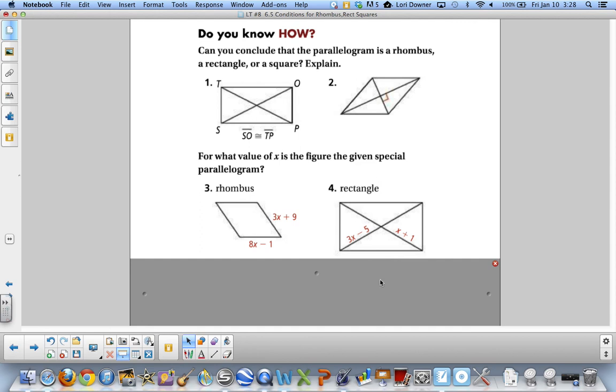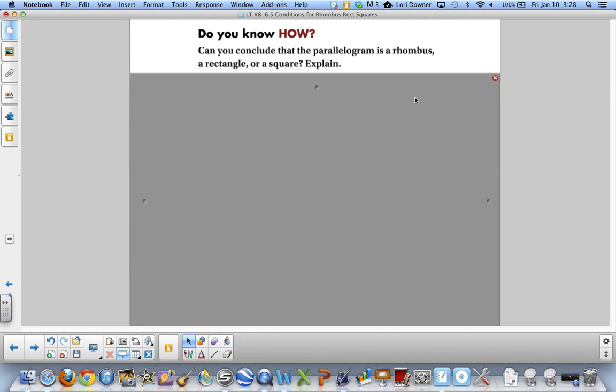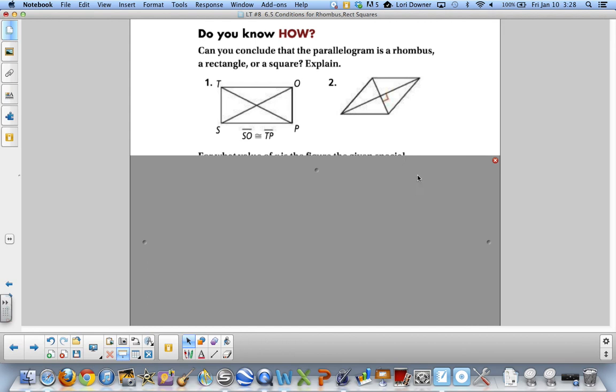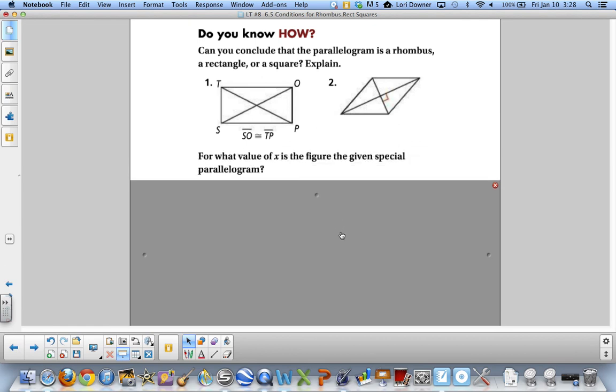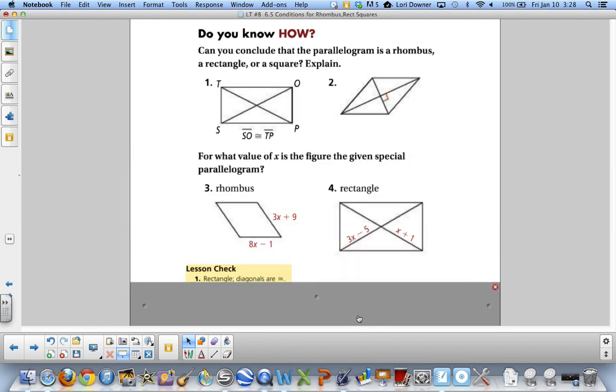Let's go up to this one. Can you conclude that the parallelogram is a rhombus, a rectangle, or a square? Explain. Let's look at number 1. We have SO congruent to TP, so we know the diagonals are congruent. Because of that, we know it's a rectangle.